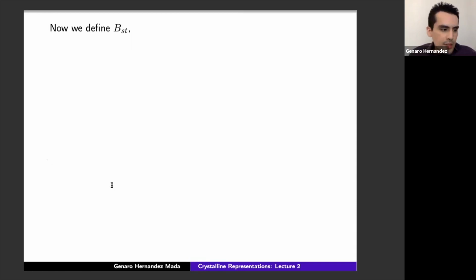Okay, so now I'm going to define the B ST, and I'm going to give a definition that I believe is the simplest one, but it's probably not the best one. It's probably not the most useful. But in order to have a simple definition, I'm just going to define it like this.